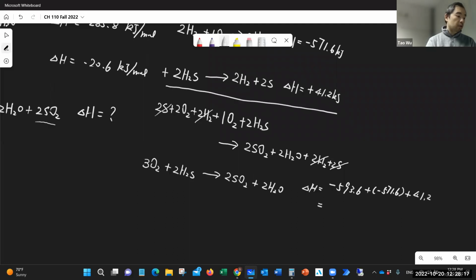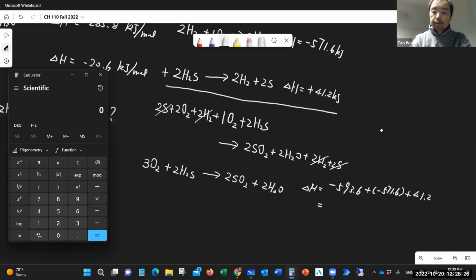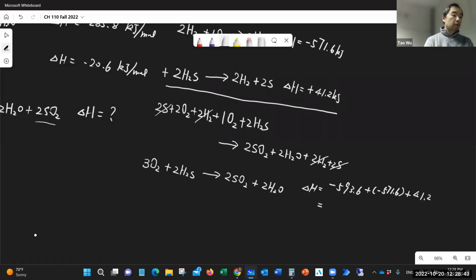Okay, so if you add them together, the answer will be negative 1124.0 kilojoule.